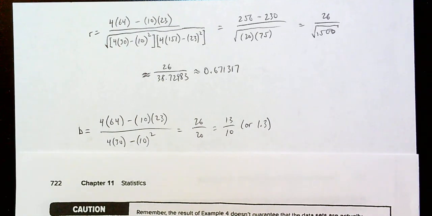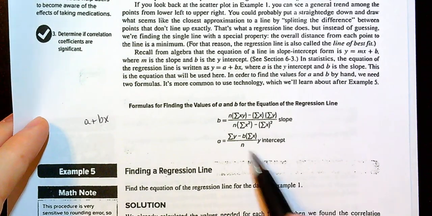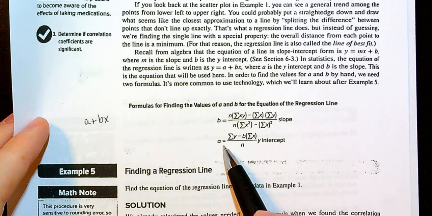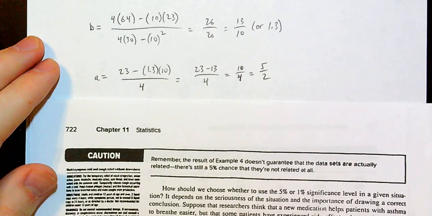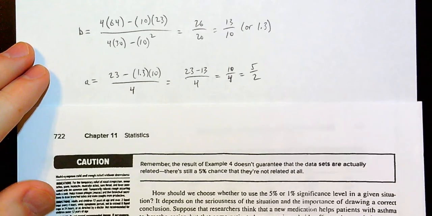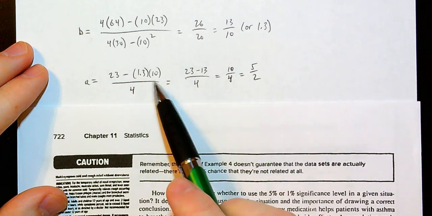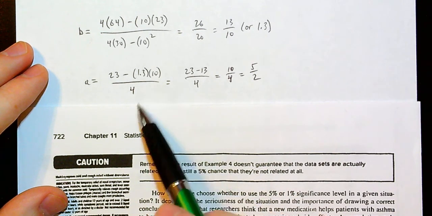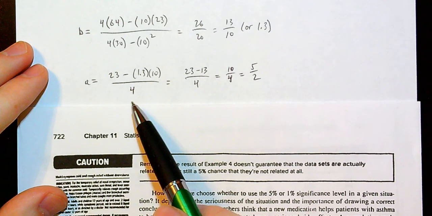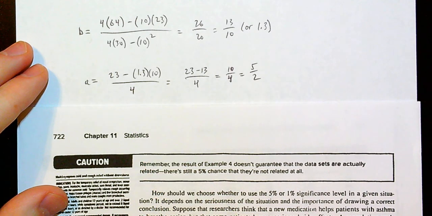Once you have your b value, you can now find your a value, because looking back at the formulas, you see here that you need your b value to calculate your a value. So the a value is the sum of your y's, which is 23, minus your b value times the sum of your x's, which was 10, and that's all divided by n, which was 4.